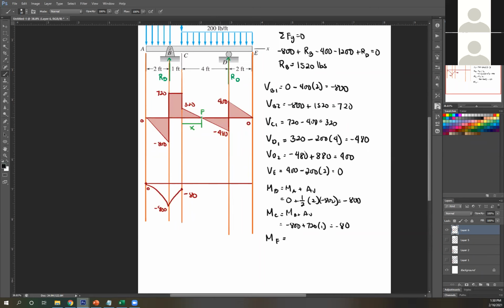I can't just get the area of this, I need to account for the change from positive to negative area. So MF is negative 80 plus 1/2 base times height 320, and I don't know x.